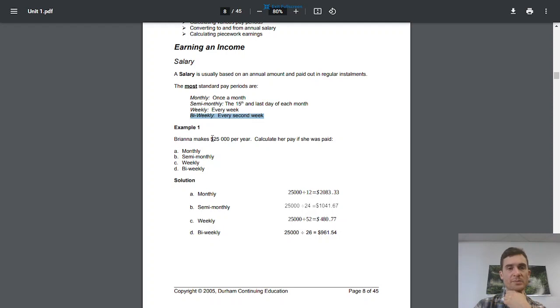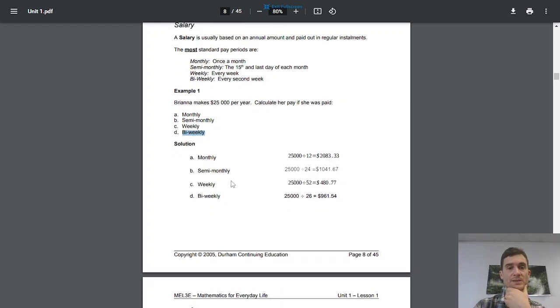So if this person makes this much per year, you're going to divide it by 12 months, 12 half months, which equals 24 times, 52 weeks, or half of 52 weeks, which is 26. So it'll look like this.